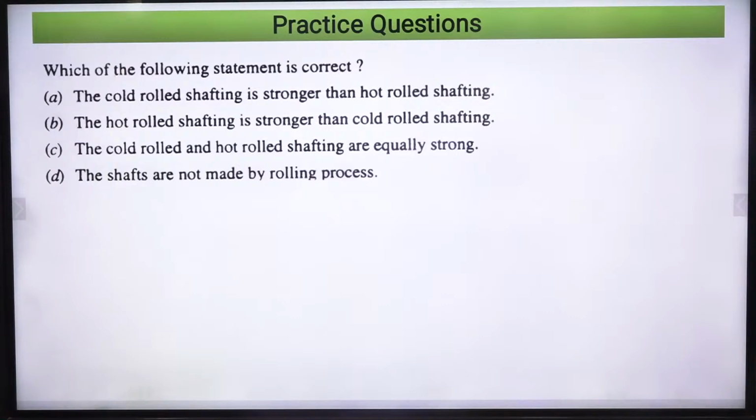Now we are moving on to the shaft design. Okay, these questions are from the shaft design. Which one of the following statements is correct?